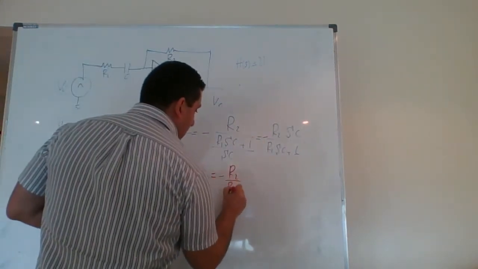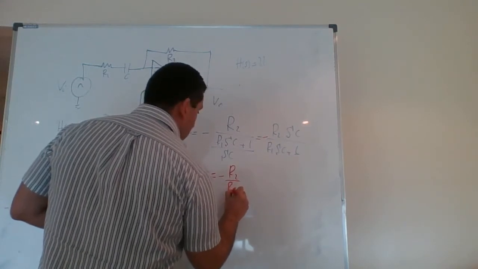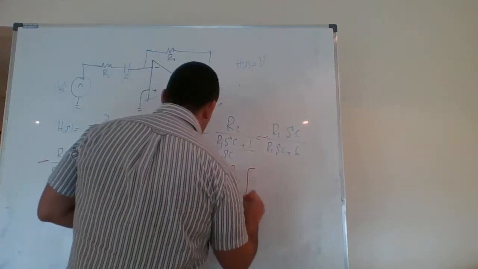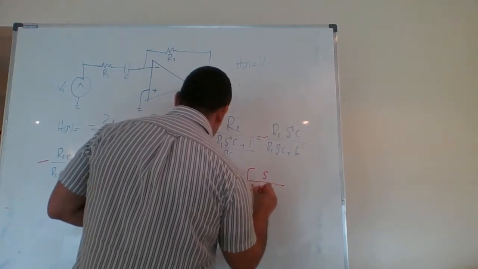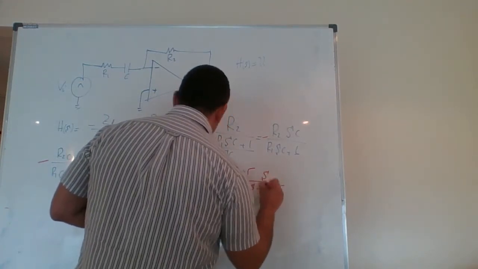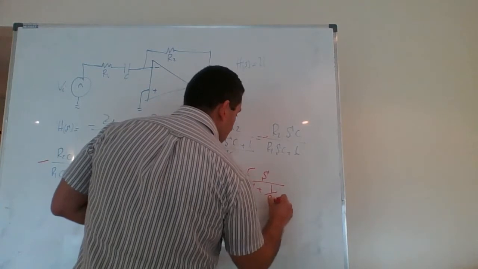Minus R2 over R1 multiplied by S divided by S plus 1 over R1C.